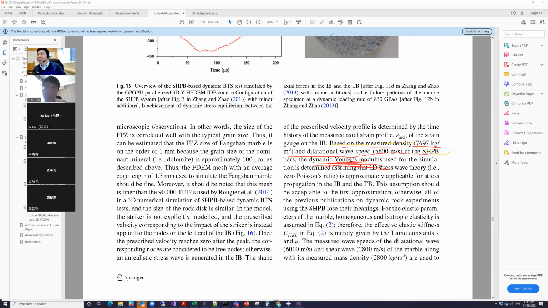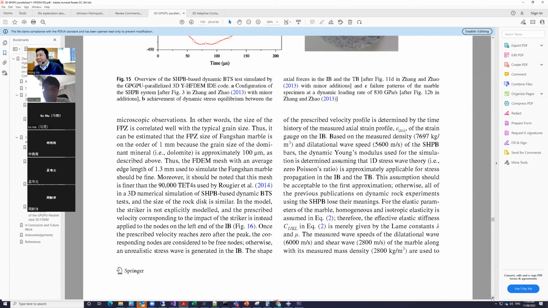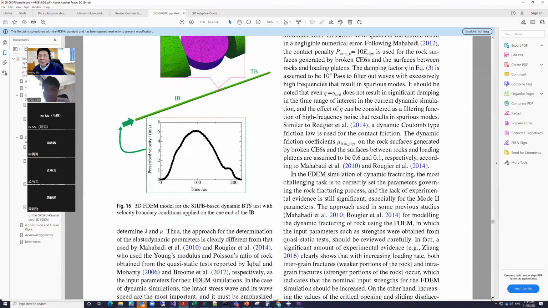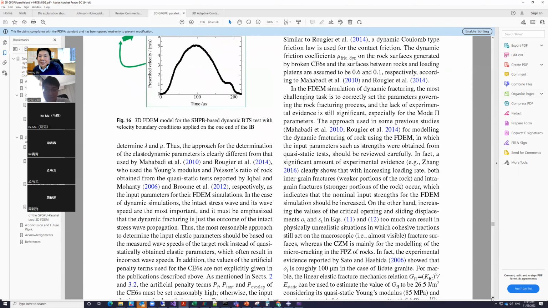Then, for the remaining, let's continue to the next page, where the strength parameters are given.